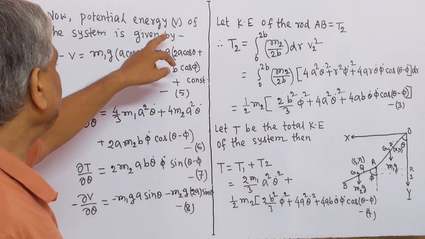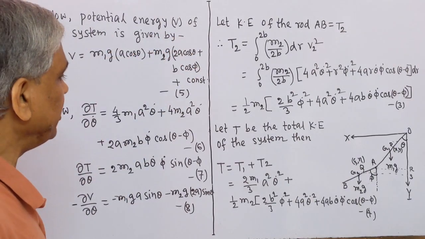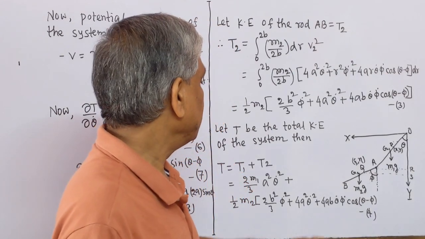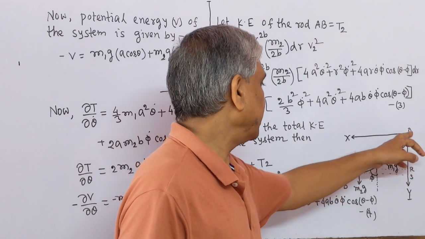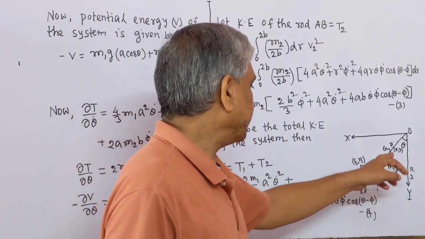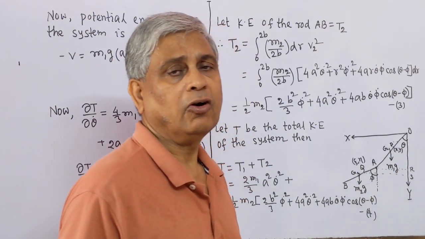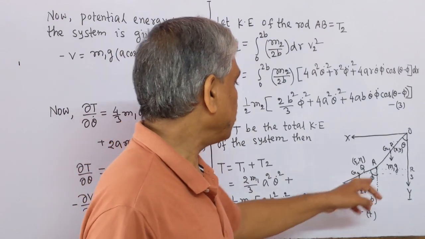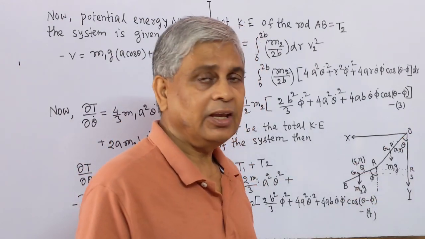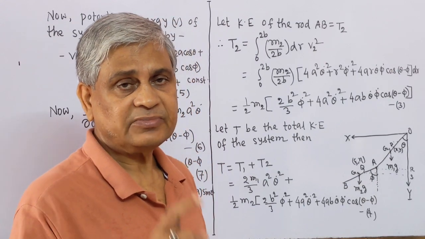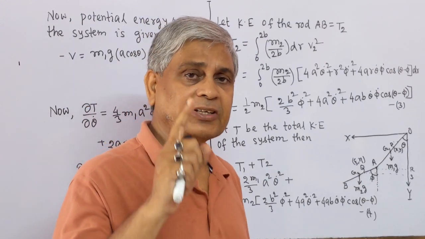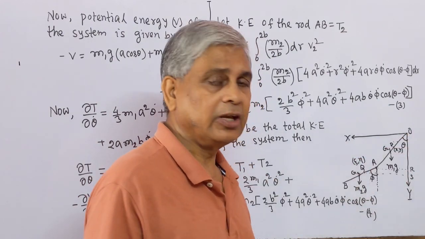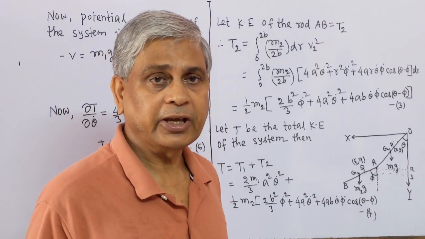Now, potential energy V of the system is given by, since the force due to gravity acts on a rod at the center of gravity of the rod, and the center of gravity of the rod OA is at the middle point of the rod. That is, the distance of the center of gravity from the fixed end O will be a, because the length of rod OA equals 2a.